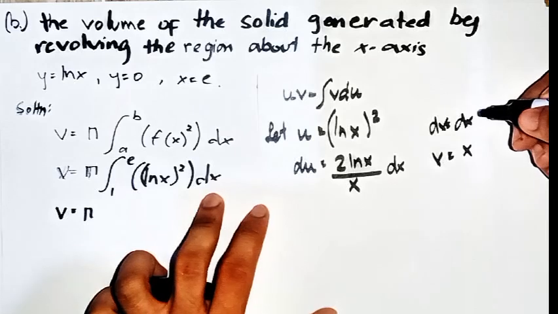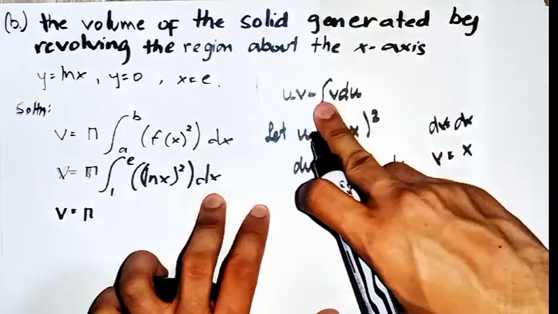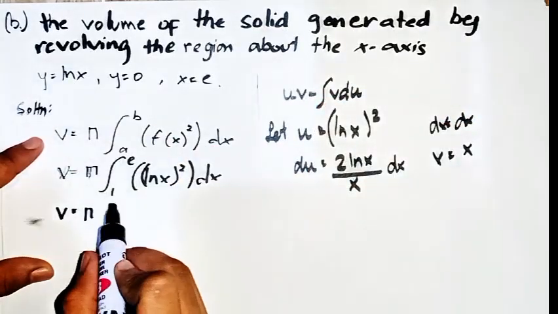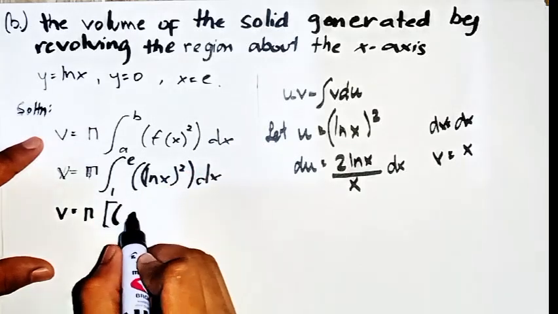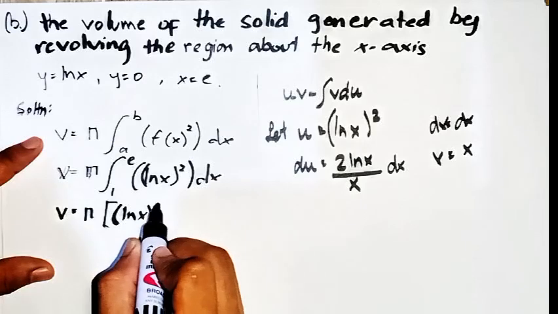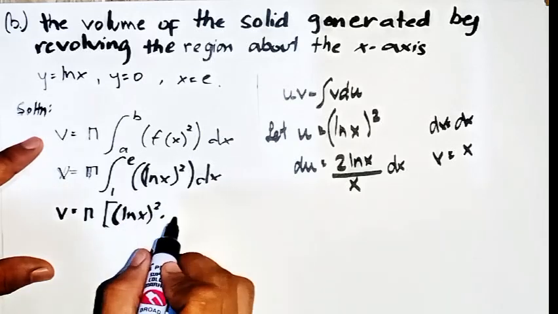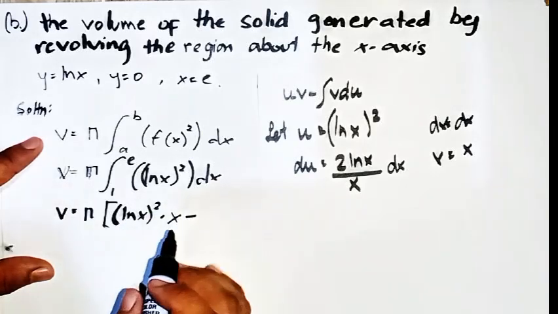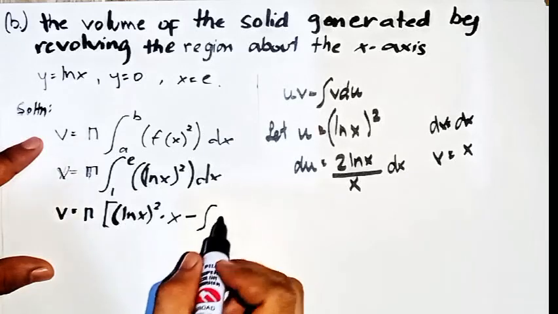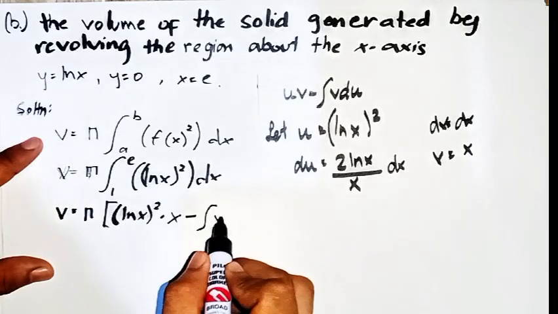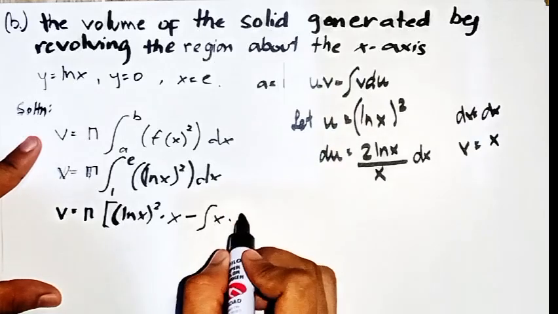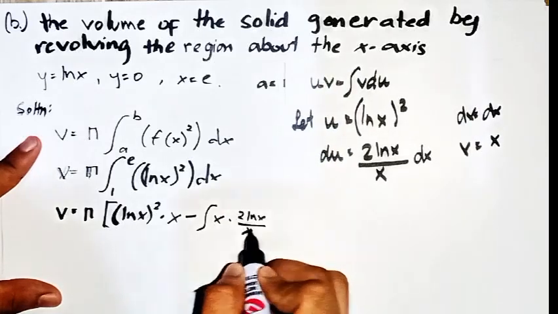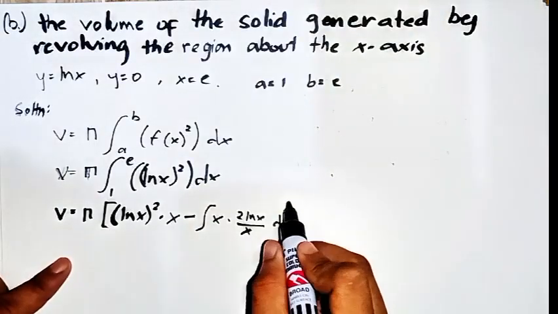Now, let's substitute into our formula. Our u is ln x squared, right? ln x squared times our v, which is x, minus the integral of our v, which is x, times our du, 2 ln x over x dx, from 1 to e.